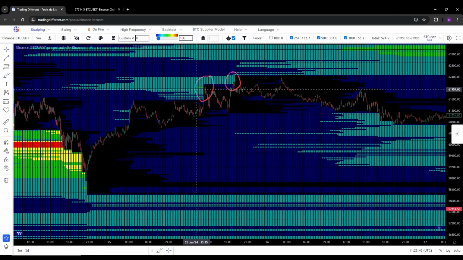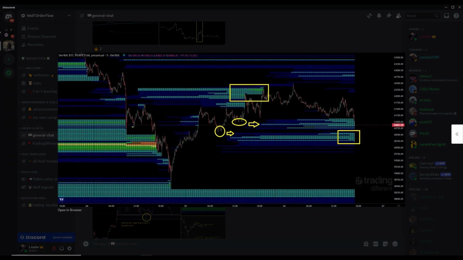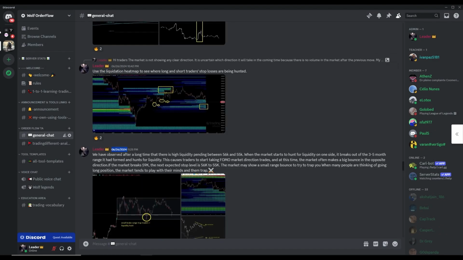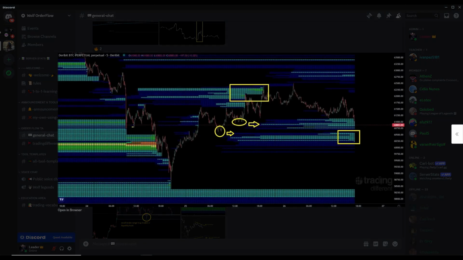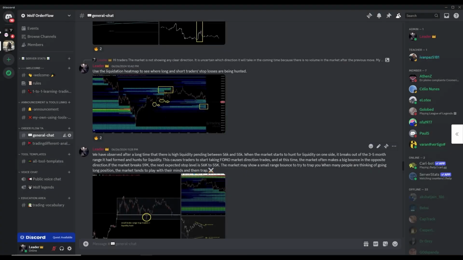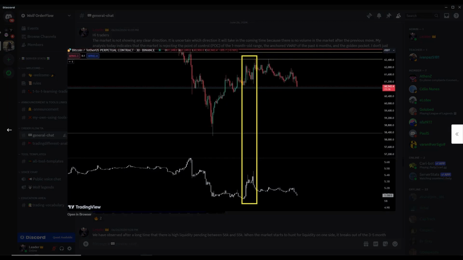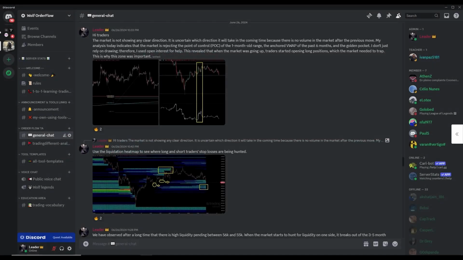So on the 25th, I wasn't available due to some personal work, but on the 26th, I closed the trade and posted on Discord that the market was rejecting from the POC plus AVWAP, or you can call it the golden pocket, and there was an OI trap that couldn't push the market upside.